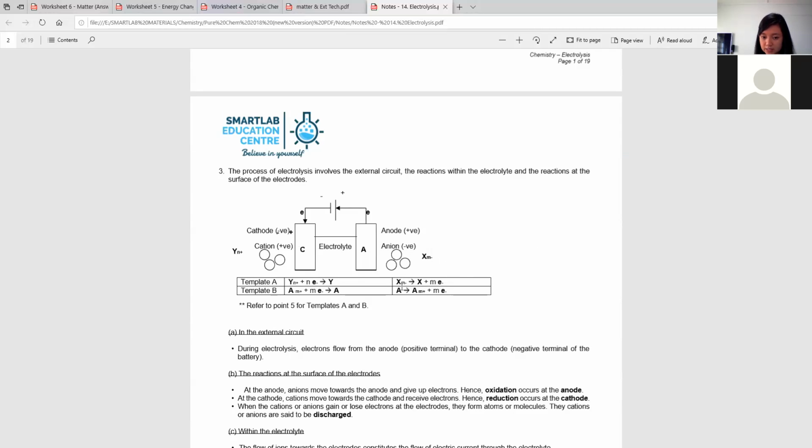So it's actually your X^m- is the same as your element X plus back your electrons. Actually this X^m- is losing m electrons to become X. Just that in half equations, they don't like to see negative, so they bring the negative over to become a positive here. Okay, so that's how you get your two half equations.